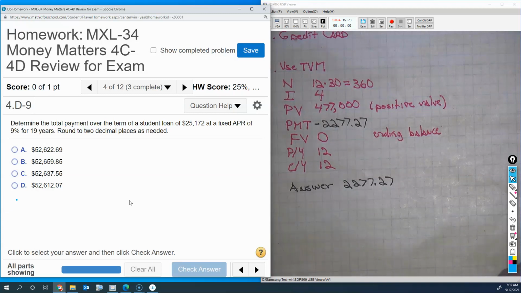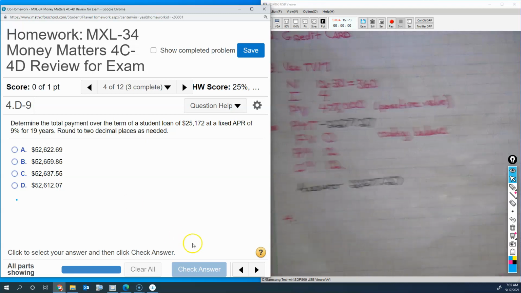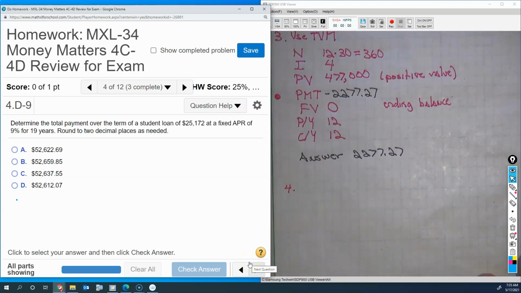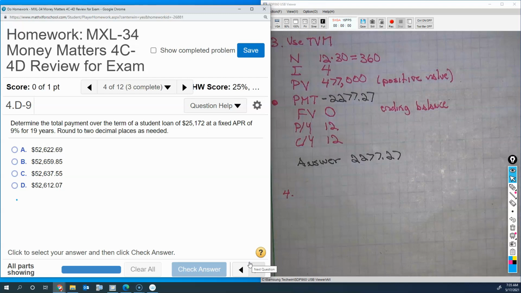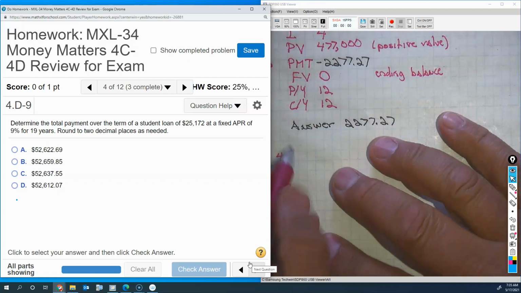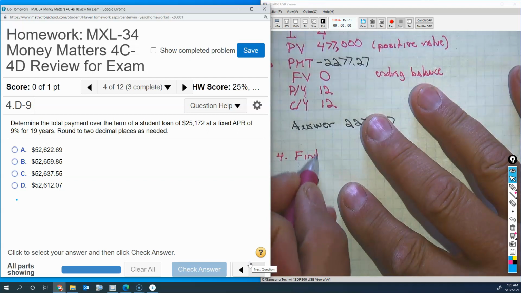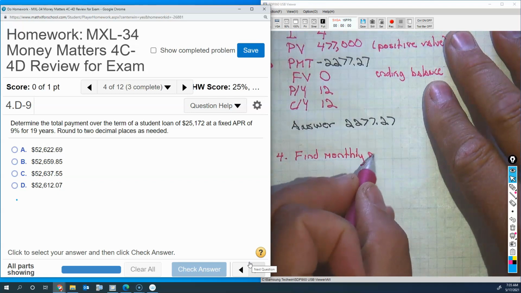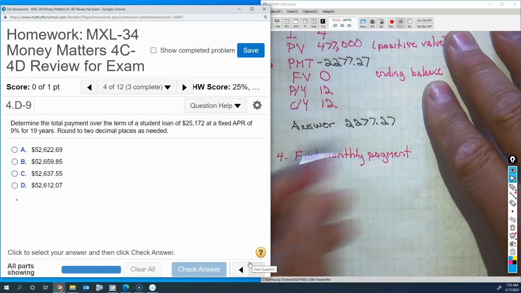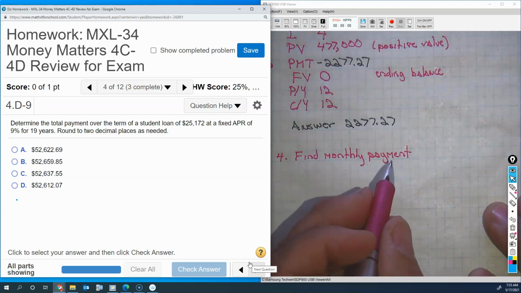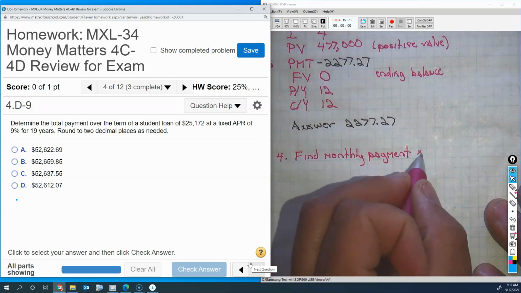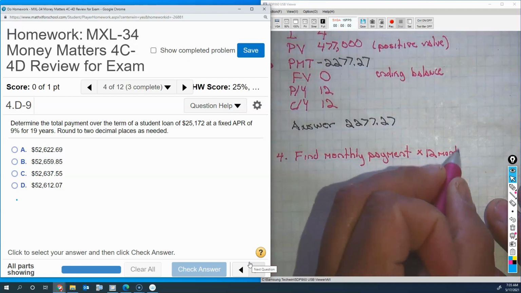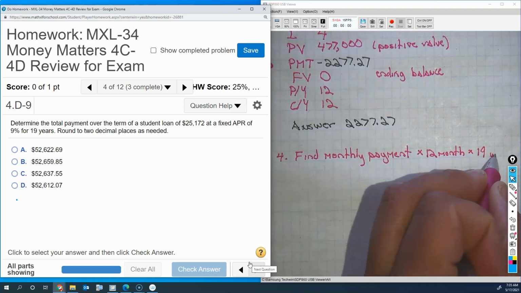Okay, number 4 is just like number 3, except you got different values, that's all. Now, what you're going to do on this one, it says determine the total payment. All right, so what you're going to have to do on this is first figure out the monthly payment. And then you're going to multiply that monthly payment by 12 months by 19 years.